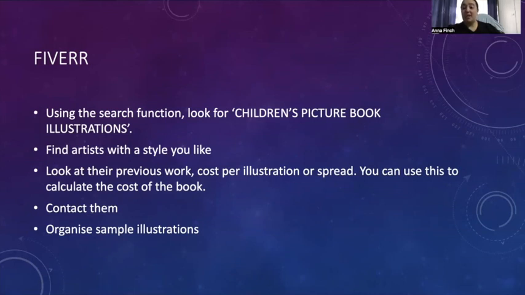Are they charging you for a singular page, or are they charging you for a spread, so 2 pages? It can help you calculate the cost of a book. So if they're charging you $50 per every non-spread page, just for the interior, you can work out that if you've got a 50-page book, 50 by 50, or in the case of Hide and Seek Alphabet, 58 pages, and they're charging $50 per page, $2,900.